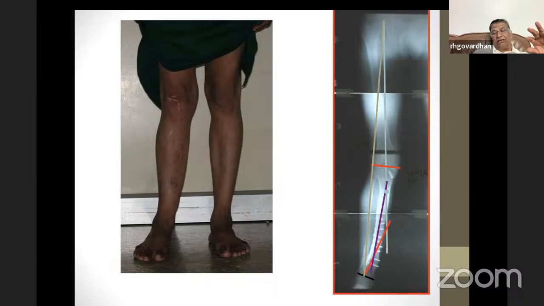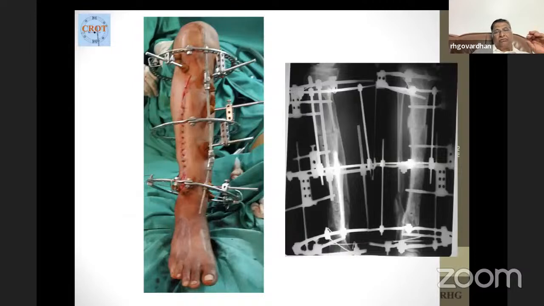Now we have one CORA at the upper level and another CORA at the distal level. So this patient had removal of the implant, double level. This is one level of the CORA, this is another level of the CORA, and I have done osteotomies to correct it.